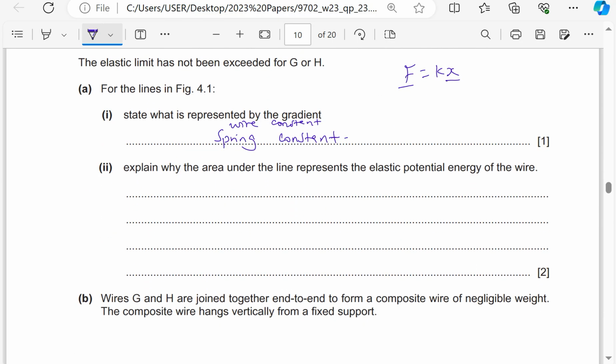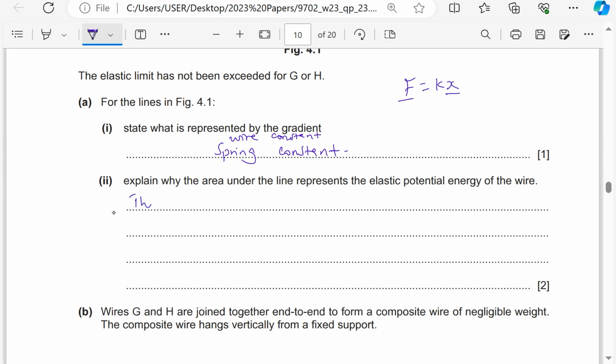So the area represents the work done to extend the wire. The work done to extend the wire is the elastic potential energy.